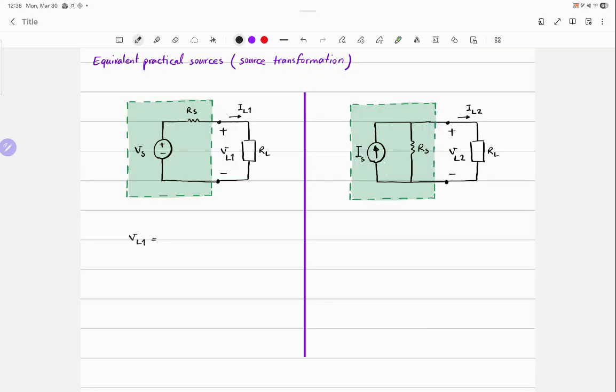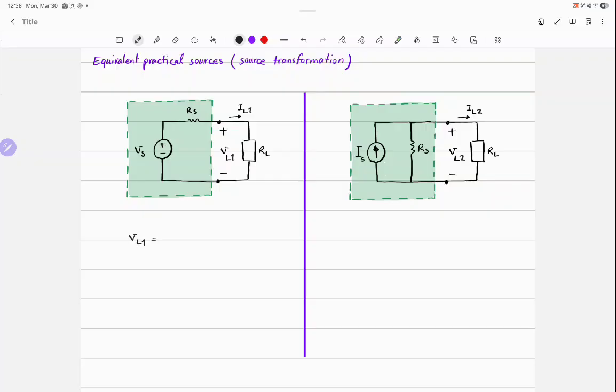So what do you suggest? Do we know VS, RS, RL? Yeah. You can find IL. That's perfectly fine. I'm just practicing with you to find the best way to handle these circuits. Is there any way that we don't have to find IL and then find VL?